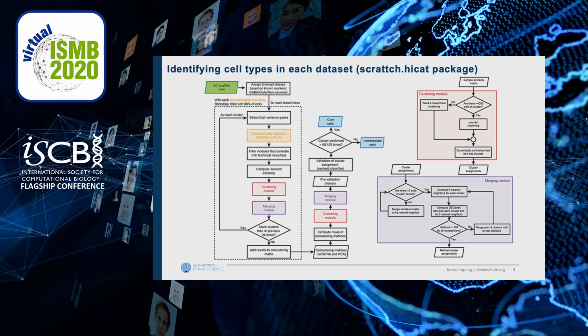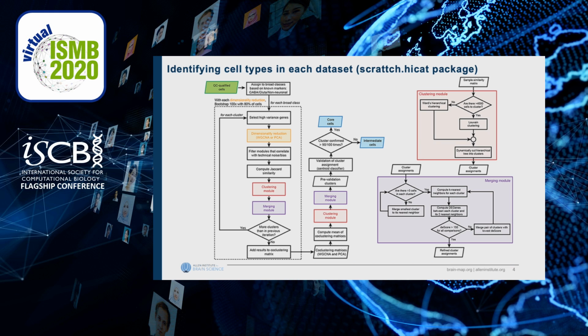I'm not going to walk through every step, but essentially the steps are: we QC the nuclei for low-quality cells, donor-specific clusters, and doublets. We then assign cells to a broad type or class, such as the inhibitory neurons or GABAergic neurons, excitatory neurons or glutamatergic neurons, and the non-neuronal cells, which comprise all the glia.